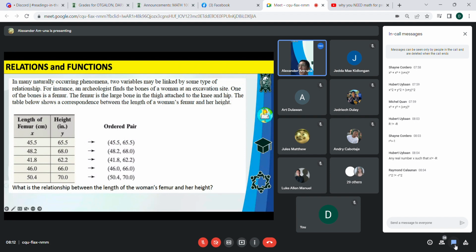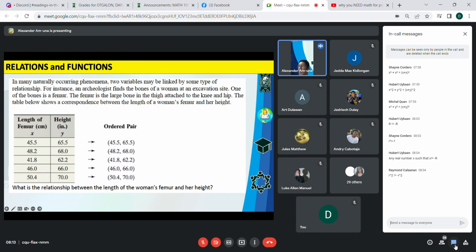For instance, an archaeologist finds the bones of a woman at an excavation site. One of the bones is a femur, from your biology. The femur is the large bone in the thigh attached to the knee and hip.